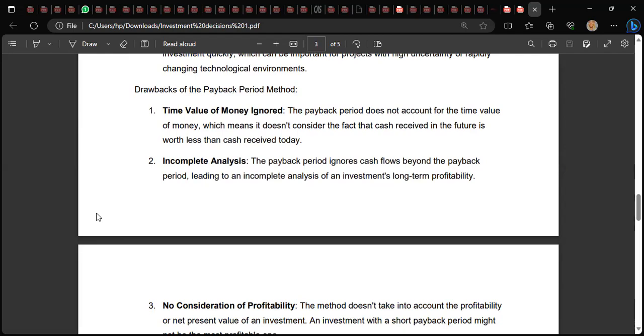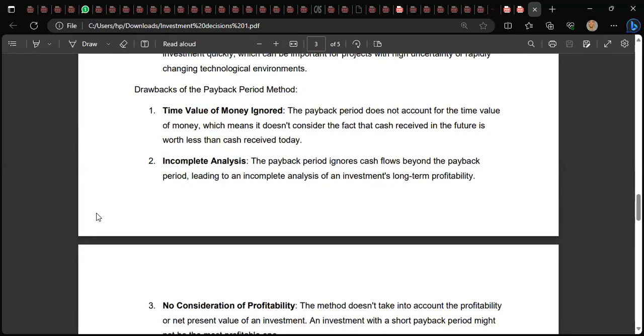Time value of money is ignored, right? So the payback period does not account for the time value of money, as we are going to see. I think I've got an example ready for us to deal with there. And then incomplete analysis: it ignores cash flows beyond the payback period, leading to an incomplete analysis of the investment's long-term profitability, right?